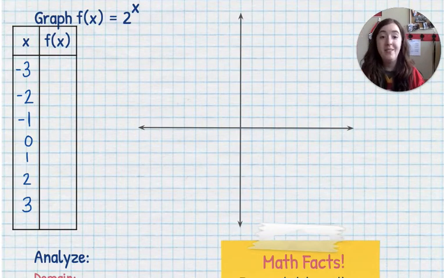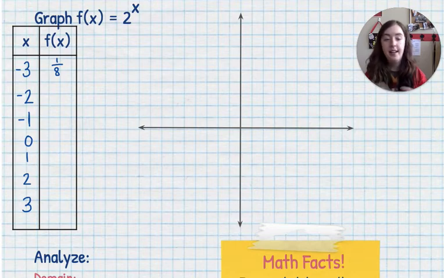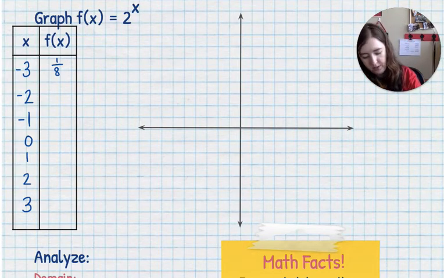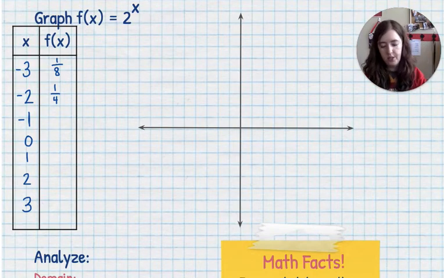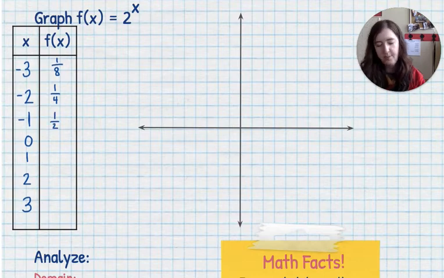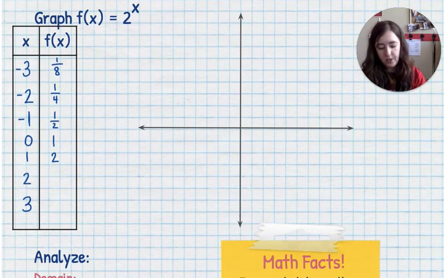That's really 1 over 2 to the 3rd, which is 1/8. 2 to the -2nd, bring it down to the bottom, so now I have 1 over 2 squared, so 1/4. 2 to the -1st, bring it to the bottom, so I have 1 over 2 to the 1st, or 1/2. Anything to the 0 power is 1. 2 to the 1st is 2. 2 squared is 4. 2 cubed is 8.